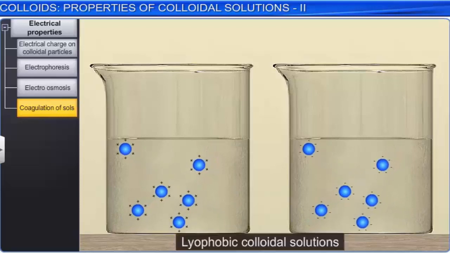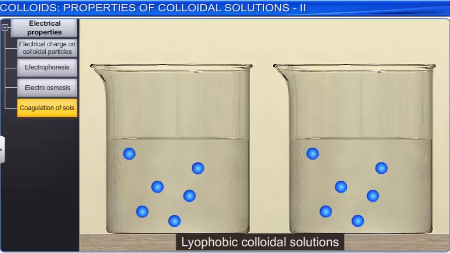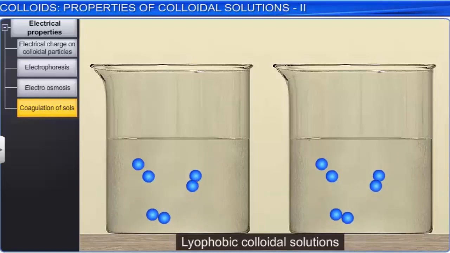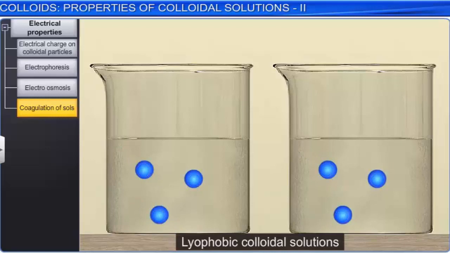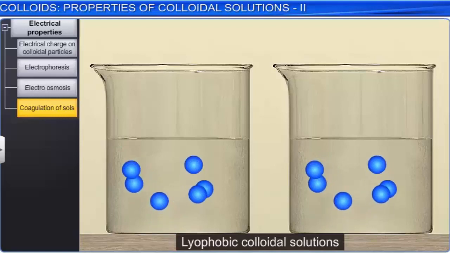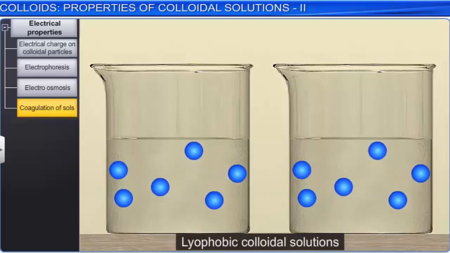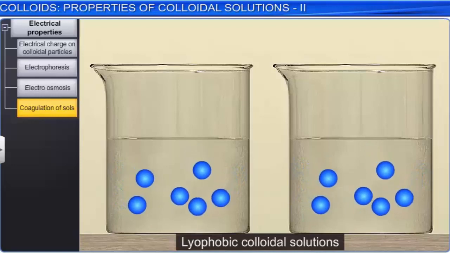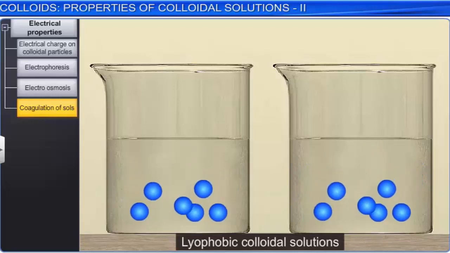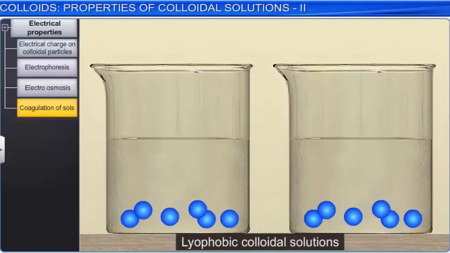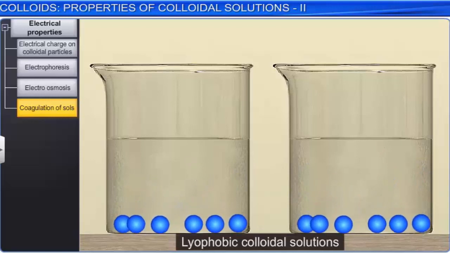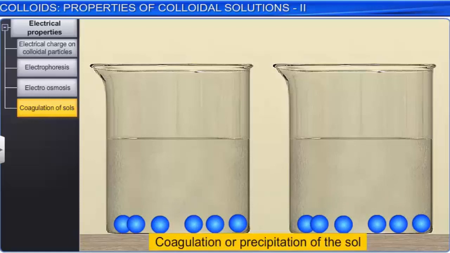However, if the charge is destroyed, they are free to come near each other to form larger molecules. These larger molecules aggregate or coagulate and then settle down under the force of gravity. This phenomenon is called coagulation or precipitation of the sol.